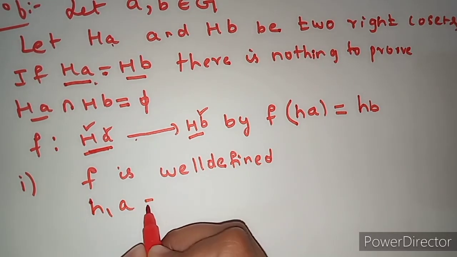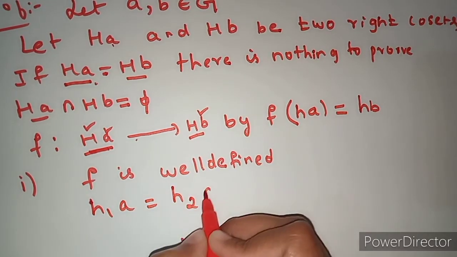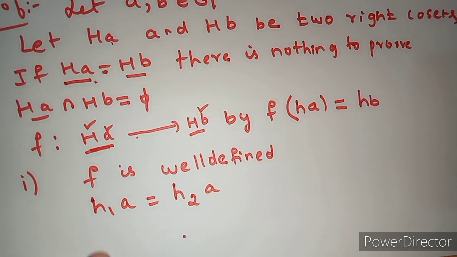First this one, h1a is equal to h2a, where h1 and h2 are elements of subgroup H. I am considering these two elements are equal. Now I have to show that the images of these two elements are also equal.